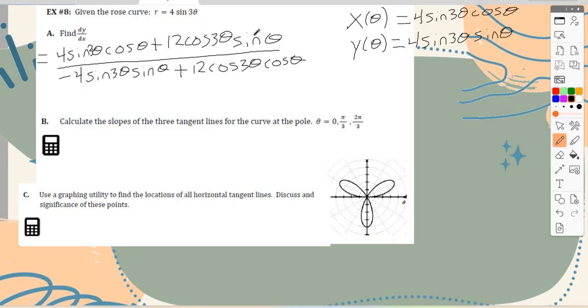Notice on top, both of our things have a what? And sine of 0 is 0. And then on bottom, this will be 0, but cosine will not. It would be 1. And so I'm going to have 0 divided by 1. So I should just get 0.